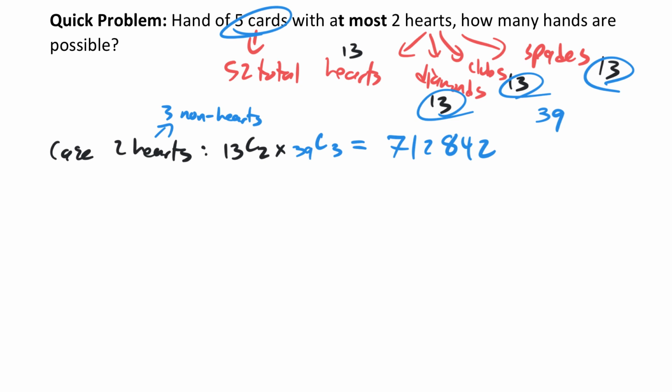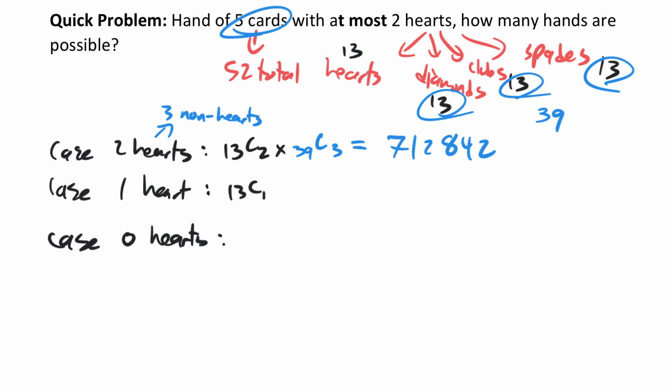So let's see if you can get the other 2 cases. I'll give you a sec to pause the video and give it a try. All right, you should have the case with 1 heart and the case with 0 hearts. 1 heart is 13C1 times 39C4, and 0 hearts will just be 39C5.